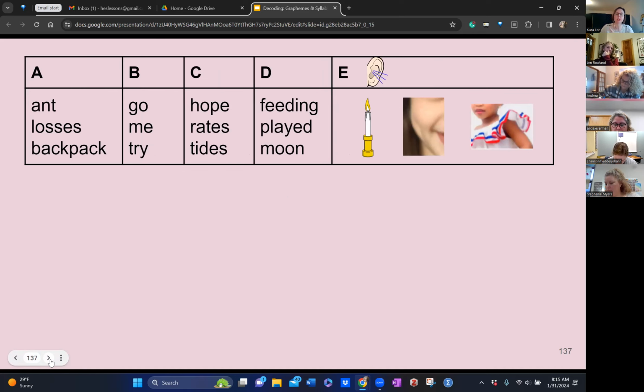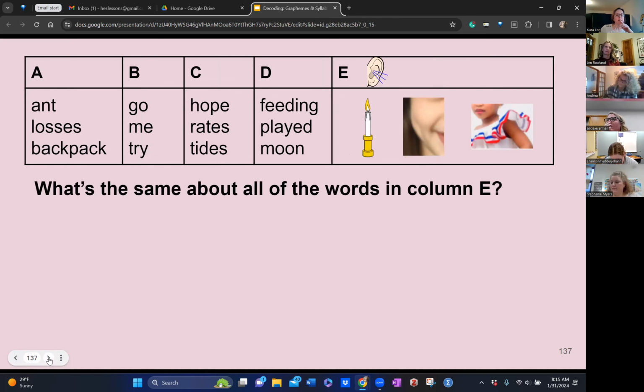Now, let's look at column E, and I want you to listen. The words in column E are candle, dimple, and ruffle. Candle, dimple, and ruffle. What's the same about all the words in column E? I'm specifically asking you about what you hear.